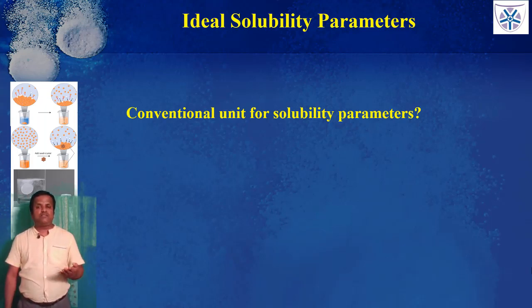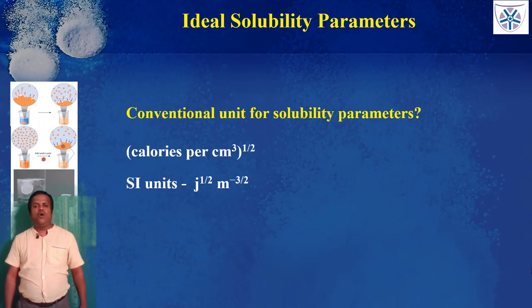We can express the unit in two different ways. One is root of calories per centimeter cube, or in SI units, joule power 1 by 2 and meter power minus 3 by 2, or overall root of joule by meter cube. That is the SI unit of ideal solubility parameter.